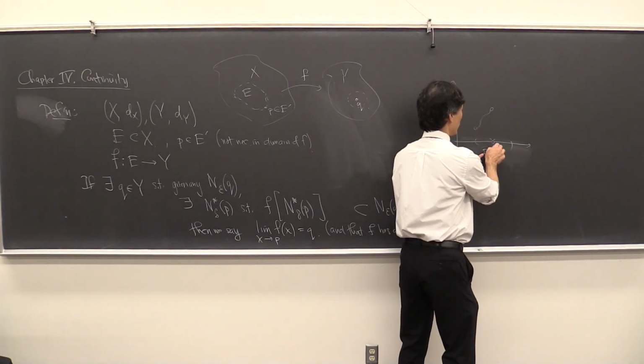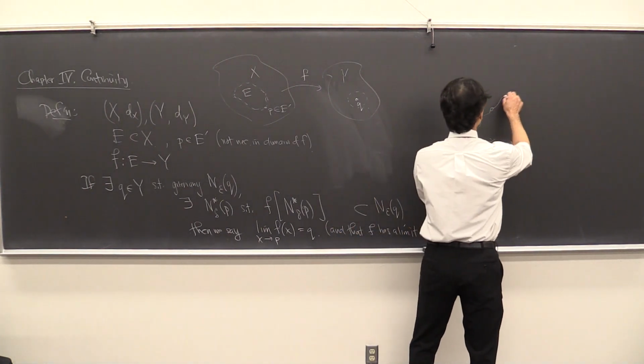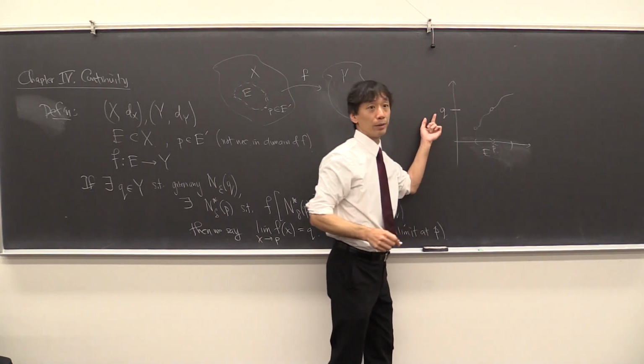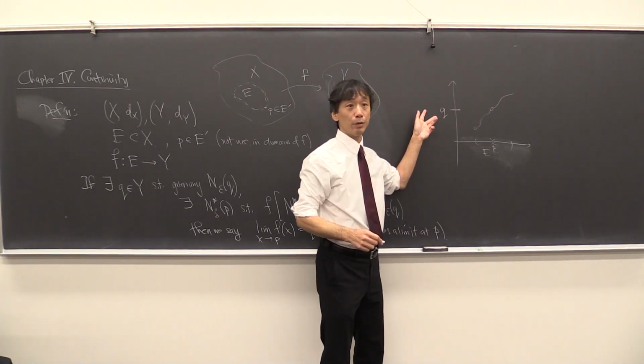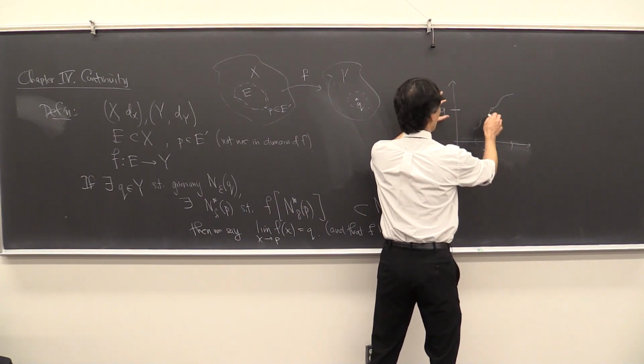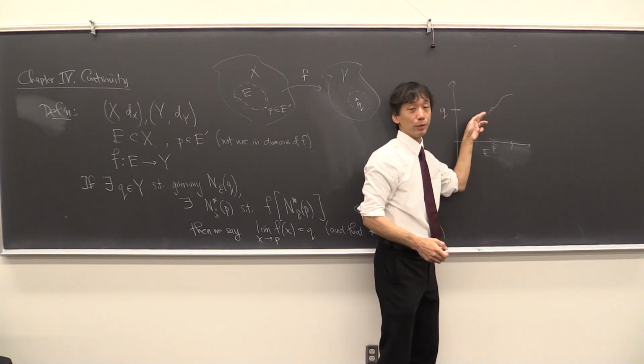This hole here in the middle, that's P. And we have something like this, and this thing here is our Q. What you see is that as you get closer to P, your values get closer to Q.